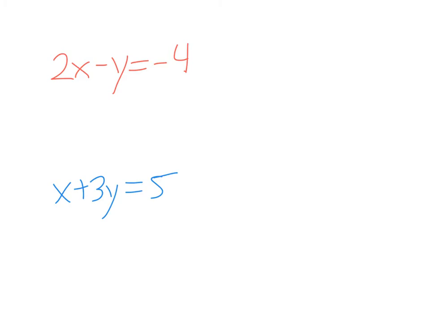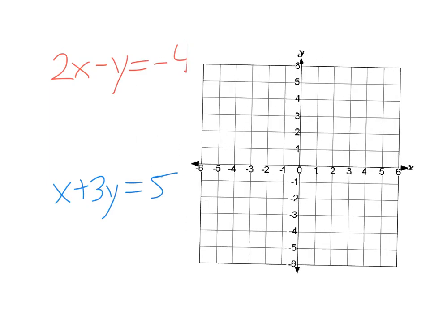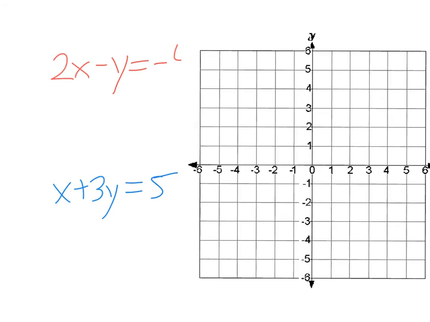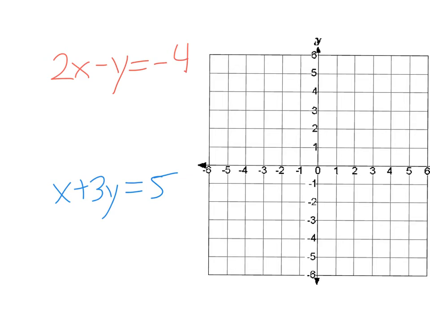Would you graph and find the system of equations and tell me where they intersect, the point of intersection? Yeah, so pause the video and see if you can figure it out. Okay. If you did this one correctly, let's take a look at this.